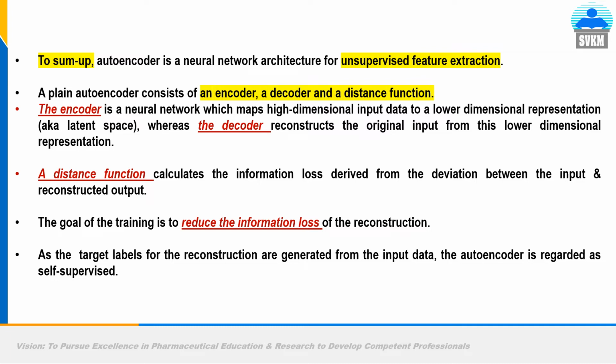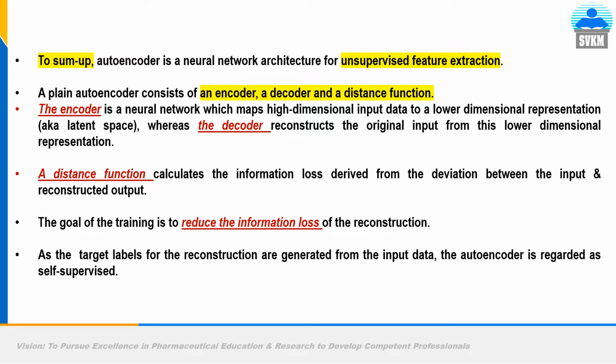A plain autoencoder consists of an encoder, a decoder, and a distance function. The encoder is a neural network which maps high dimensional input data to a lower dimensional representation, also known as latent space, whereas the decoder reconstructs the original input from this lower dimensional representation. A distance function calculates the information loss derived from the deviation between the input and the reconstructed output.